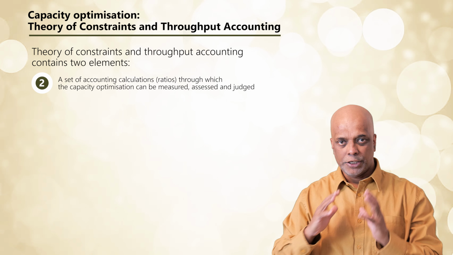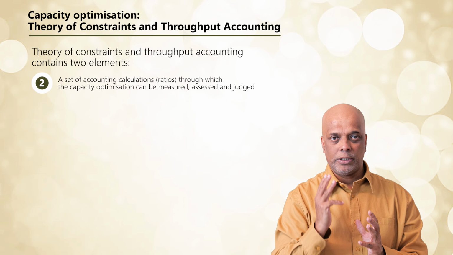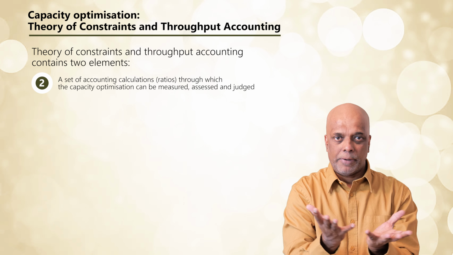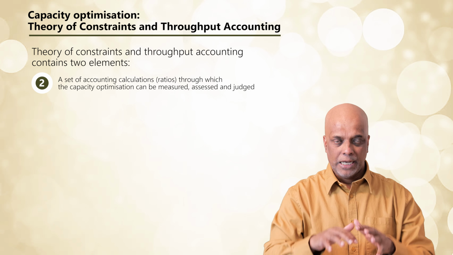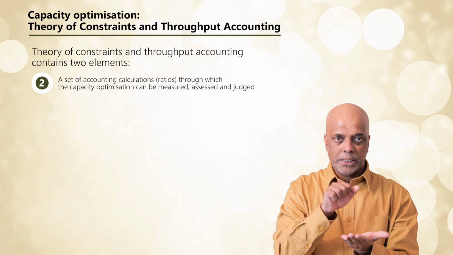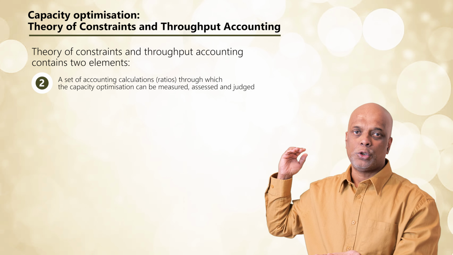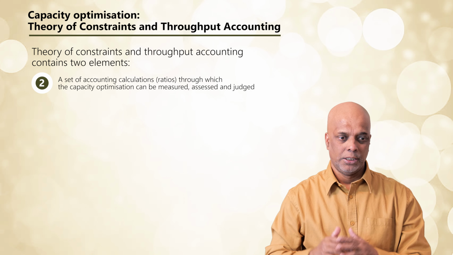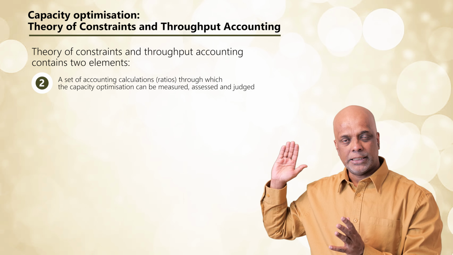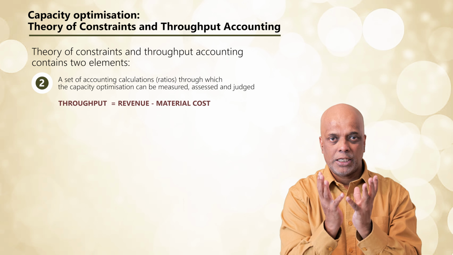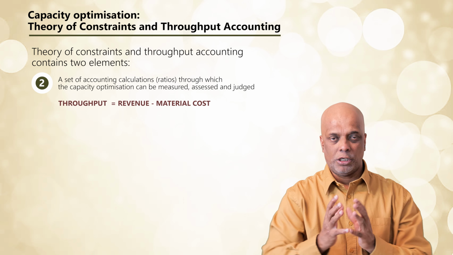Then, Goldratt and Cox introduce 3 key accounting ratios to measure, to evaluate, and to judge the capacity optimization. And these ratios are based upon a particular idea of throughput. Here, the concept of throughput is very similar to the conventional idea of contribution.